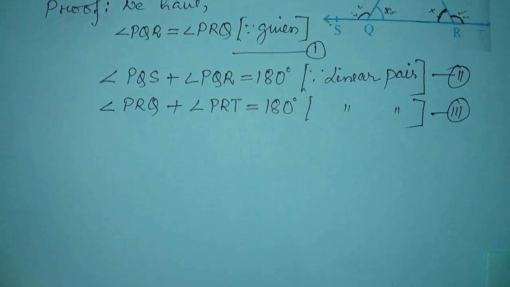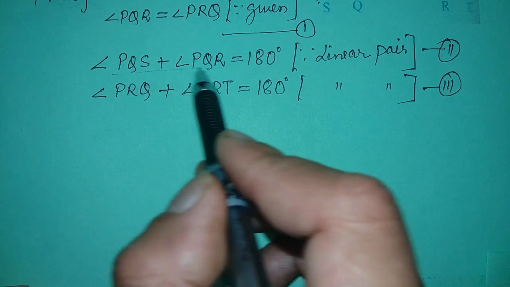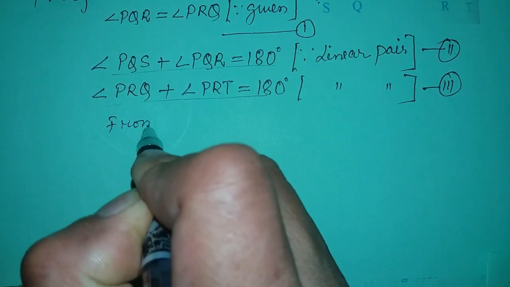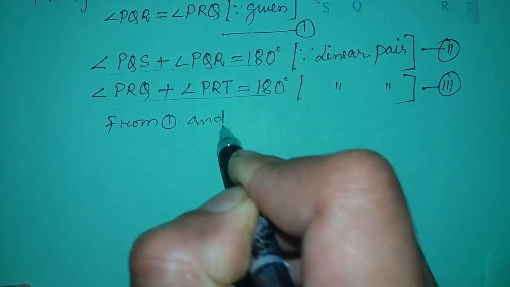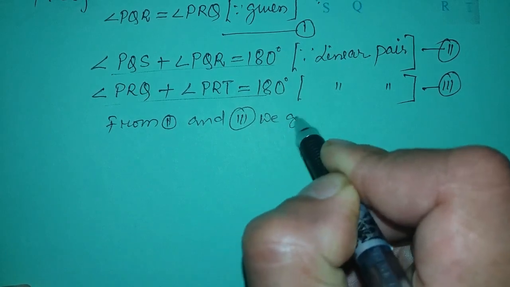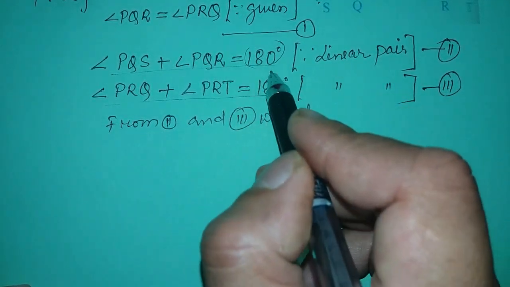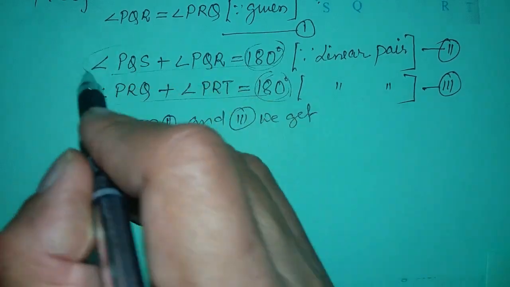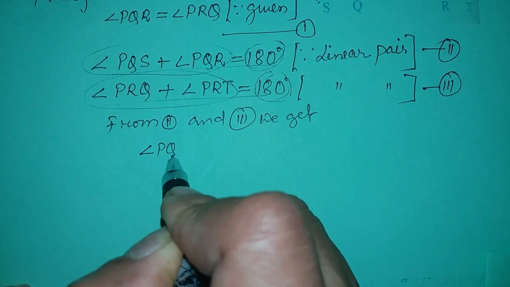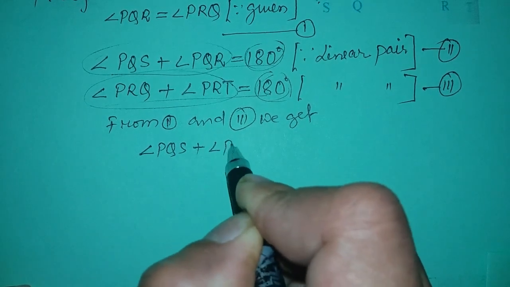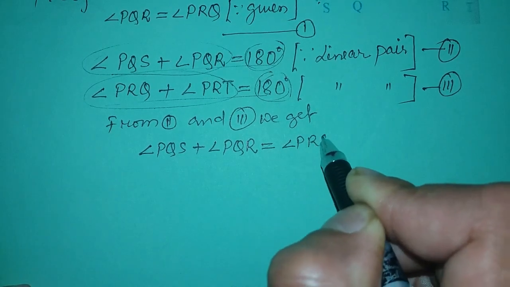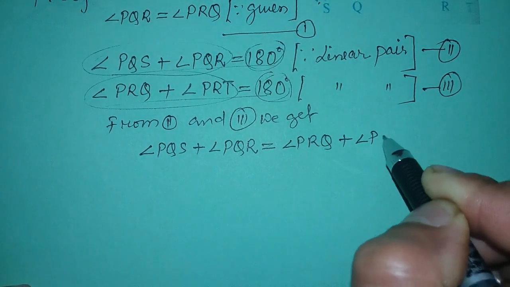Now from these two equations, that is equation 2 and equation 3, right hand side being 180, the left hand sides are equal. Angle PQS plus angle PQR is equal to angle PRQ plus angle PRT.